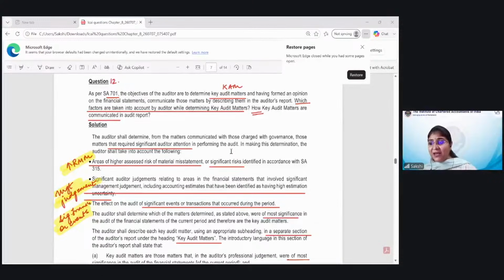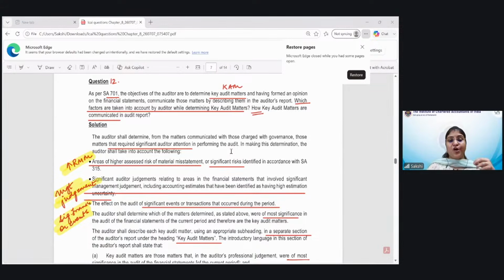So these are most significant to the audit. This is why it is called key audit matter. The auditor shall determine, out of the entire matter communicated to TCWG, these were the key audit matters, the most significant matters. This is how you remember key audit matters.